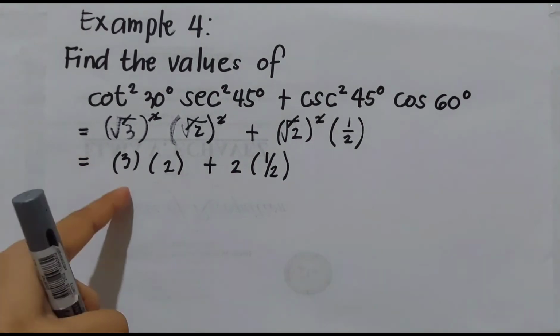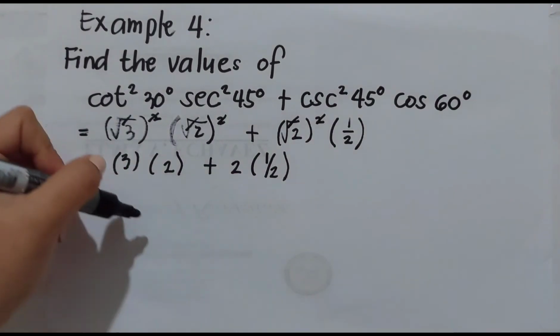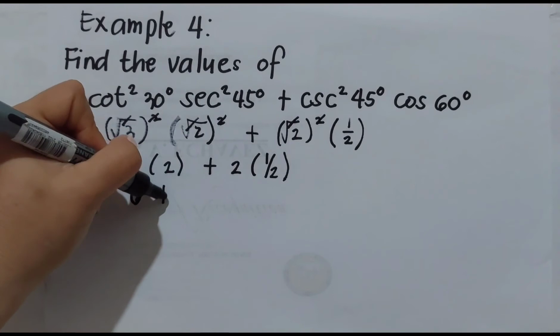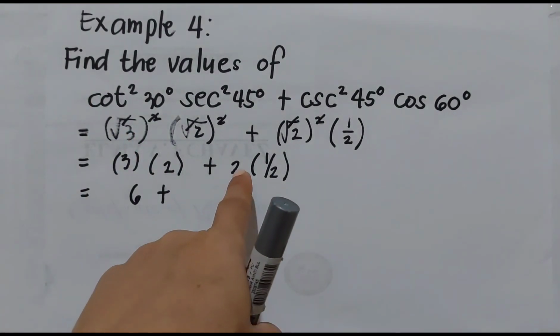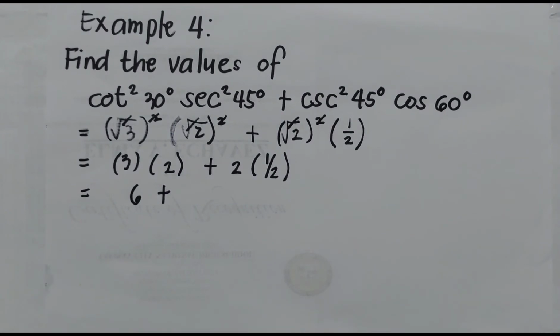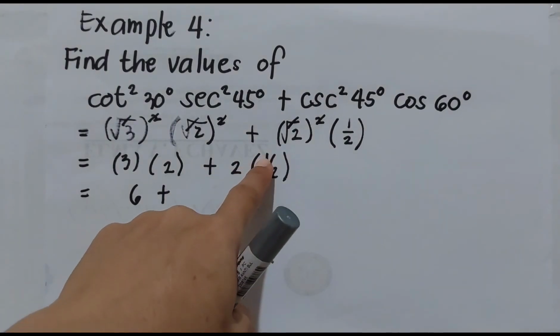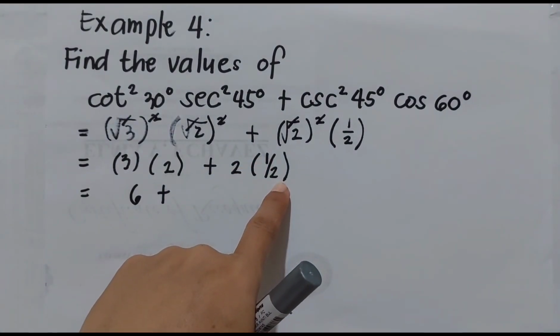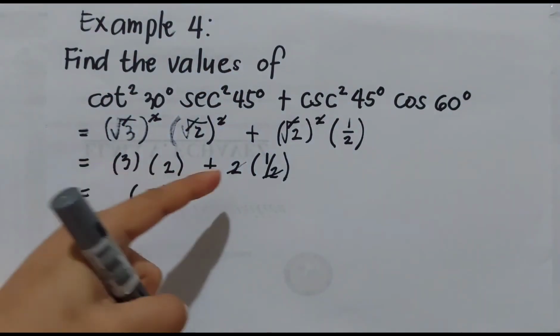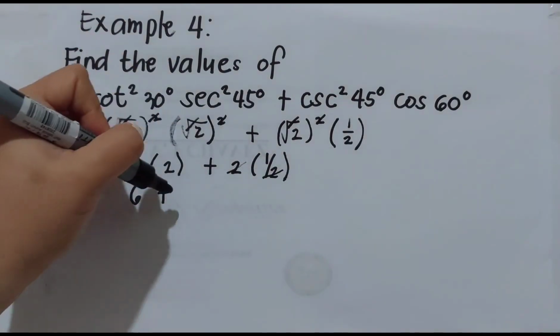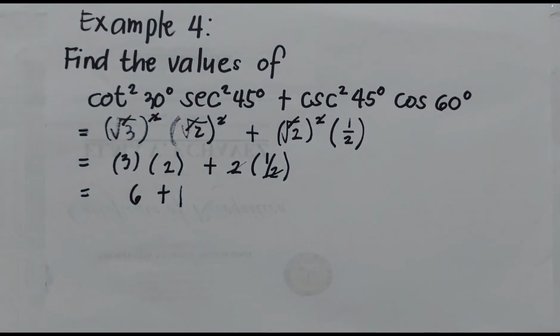Okay. Pila man ni ang 3 times 2? That is 6. Plus, pila man ni si 2 times 1/2? 2 times 1 is 2 divided by 2 is 1. Or pwede ma-cancel si 2 nga nasa numerator ka na, denominator man na. So, ang mahabilin is only 1.